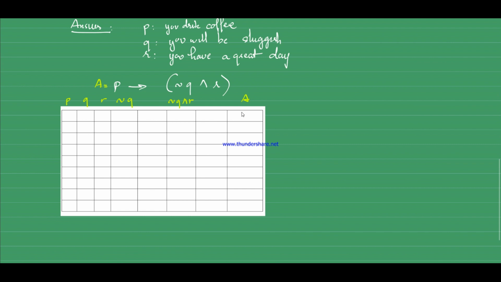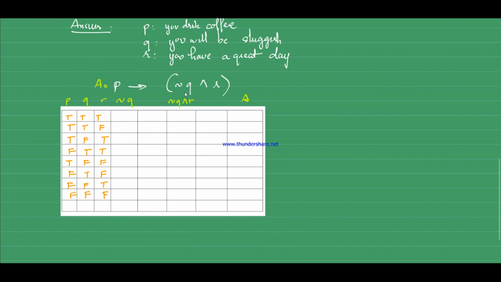Okay, so we have 3 of them. So we have true, true, false, true, false, true, false, true, true, false, true, false, true, and false.